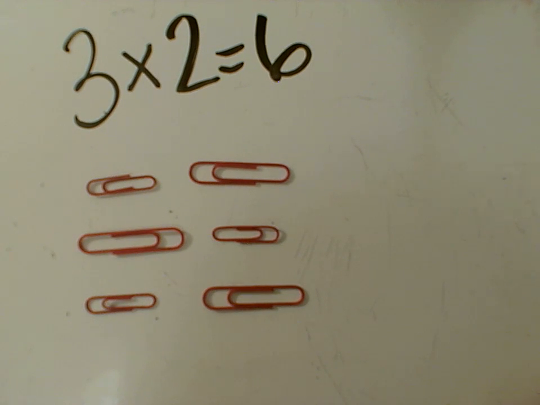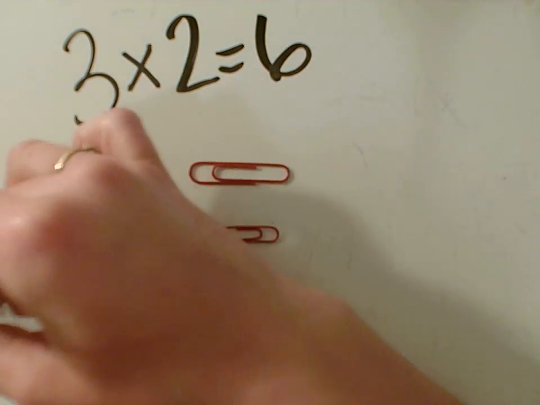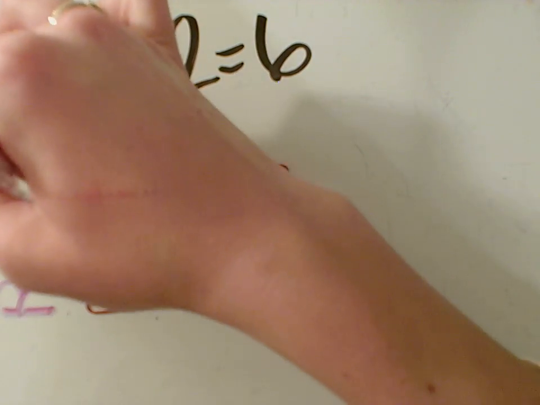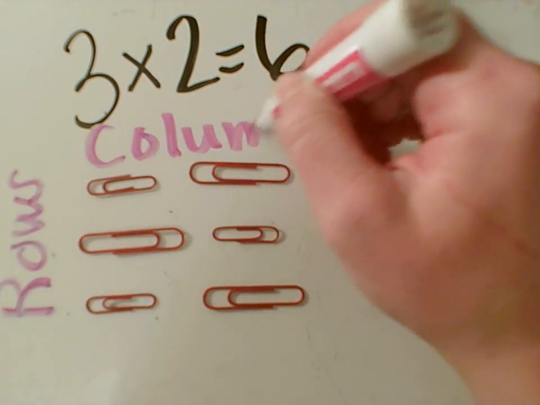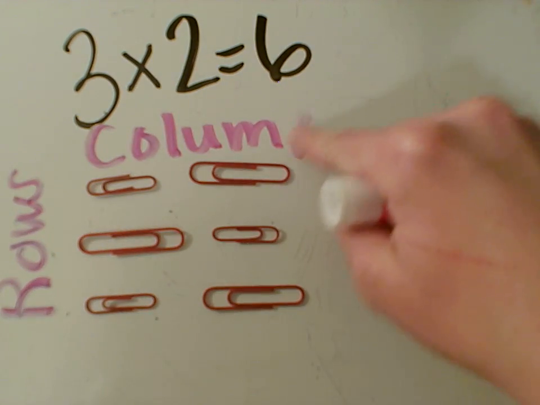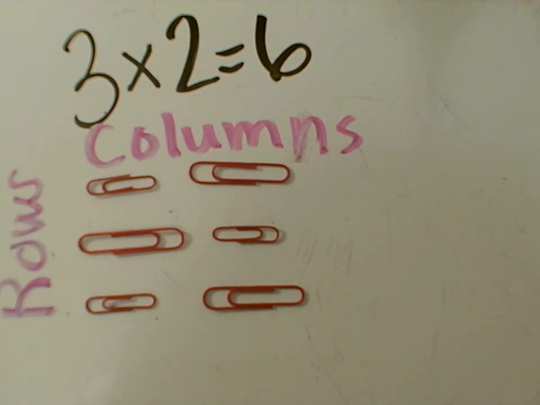There is my array. Remember, an array is made up of 2 things: rows and columns. Remember, columns are up and down, and rows are side to side.